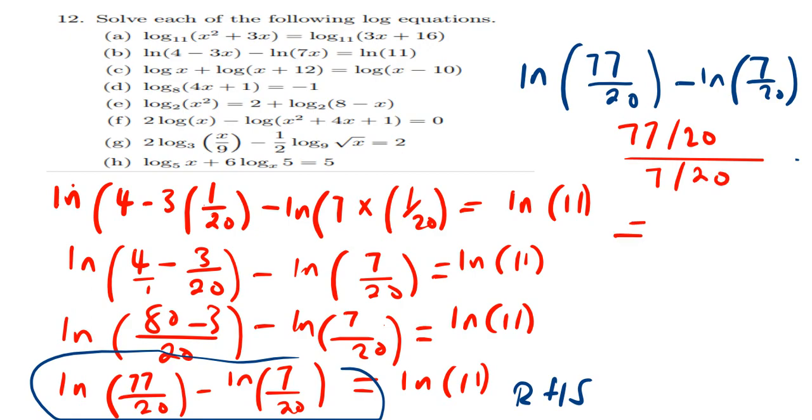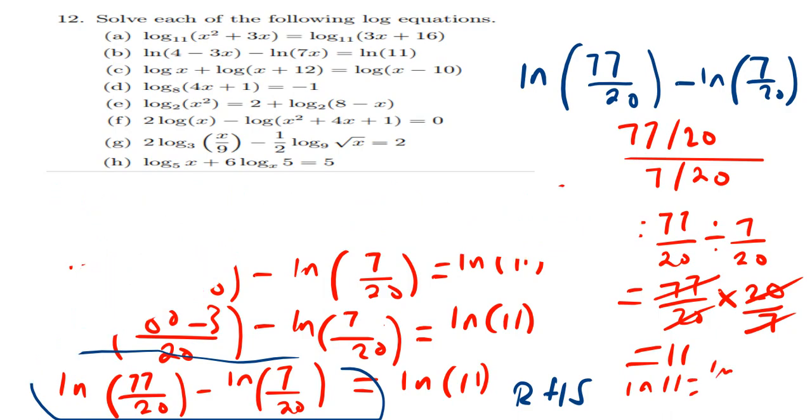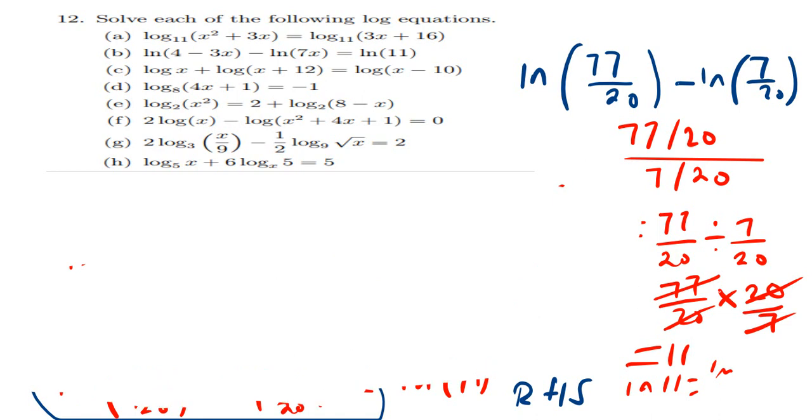From that, you are going to have 77 over 20 times, the 20 goes up, the 7 comes down. The 20 and the 20 cancel, and 7 into 7 is 1, 7 into 77 is 11. That's why you have natural log of 11 is equal to natural log of 11. So the solution is correct. Okay, so let's solve D.